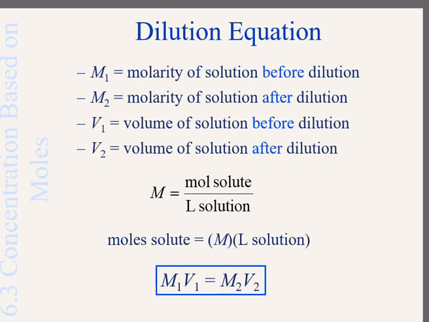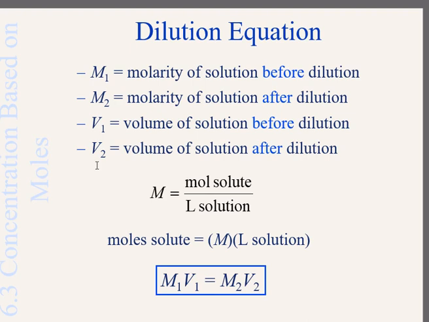Many times those bottles in which the concentrated solution is stored are called stock solutions. And whenever, as circumstances call, a dilute solution is needed, the lab tech would use the concentrated solution to make more dilute solutions.